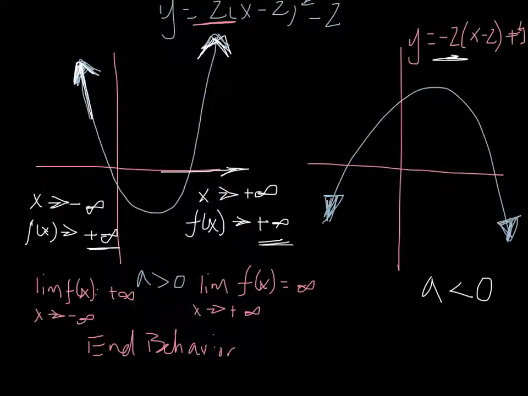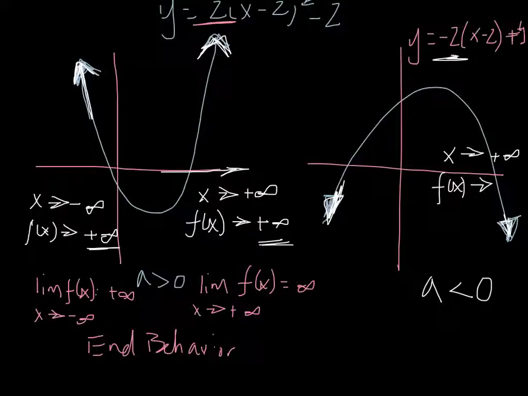Now let's talk about the end behaviors of my quadratic if they go down, or when my a is negative. Again, it's asking what's going on the left side of my graph and what's going on the right side. In Algebra 2, we just use the notations that I have up here. As x's get positive, as I go to the right of my graph, my y's are going down.